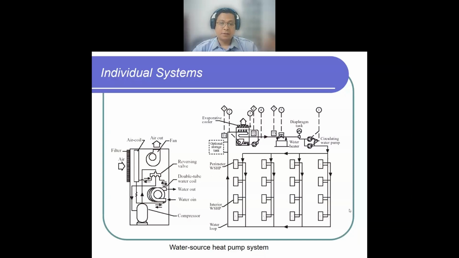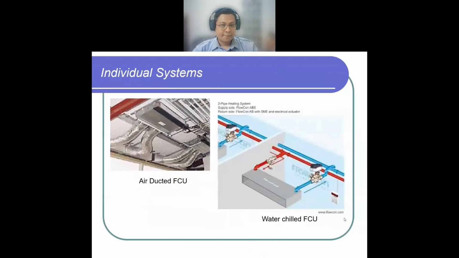So this will create several zone conditions. Okay, let's say this one is served by a water chilled system. So actually water is the refrigerant. So the water will come into the chiller, and then they will blow to the room.